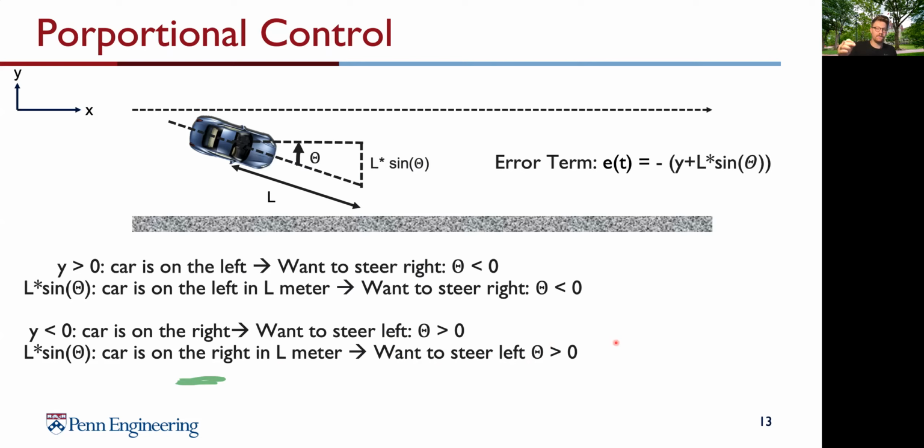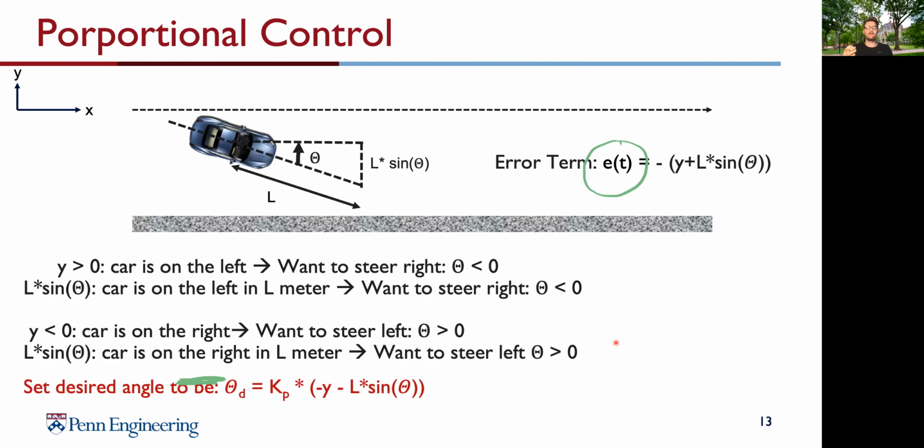We have to set the desired angle. Remember here, we have our error here, and we set up our proportional control, which means the desired angle, theta d, is our Kp gain multiplied by the error, which means minus y minus L multiplied by sin theta.